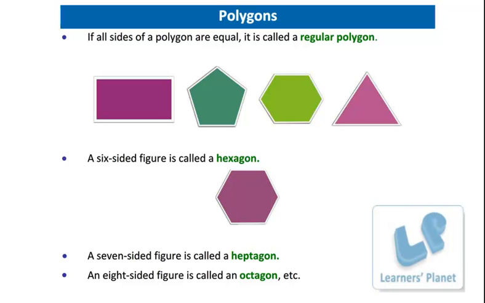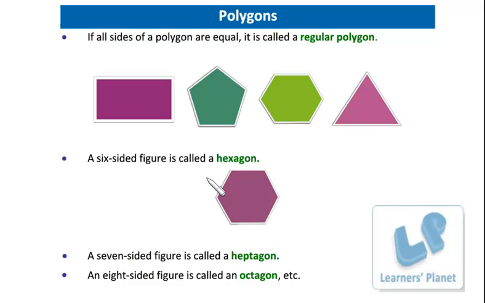Polygons, that means n sides, you can say. If all the sides of a polygon are equal, then it is called a regular polygon. Here it is a pentagon, here it is a hexagon, here a rectangle, it's a triangle, it's a hexagon.